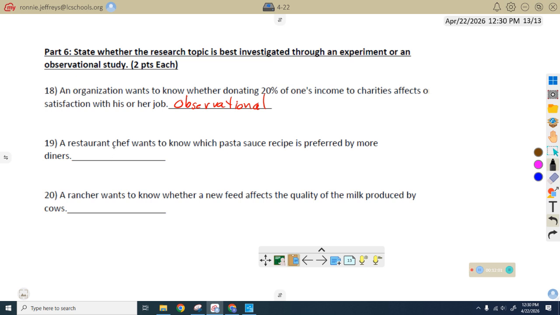What did y'all get for number 19? Yeah, experiment. And a rancher wants to know whether new feed affects the quality of the milk produced. Observation, yeah.